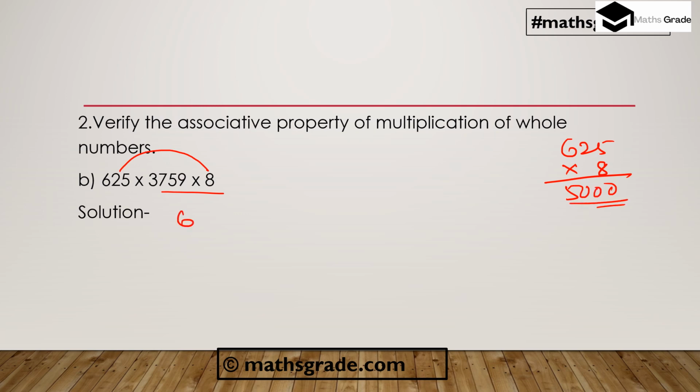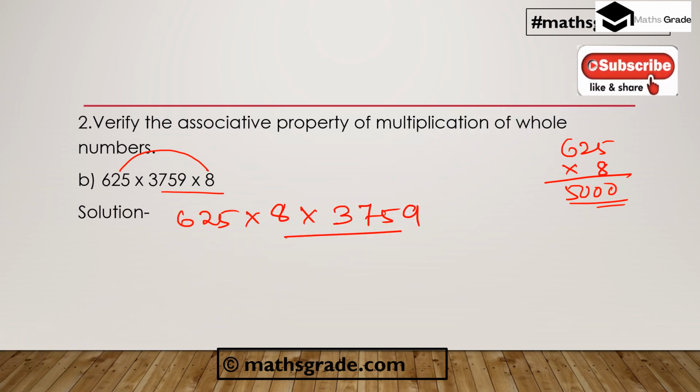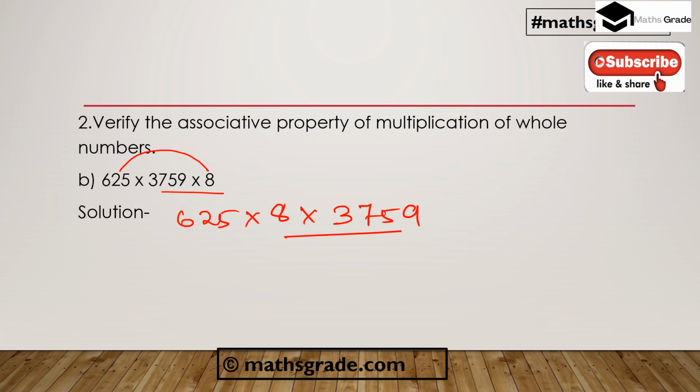Now we change the places of 3759 and 8. Now it becomes 8 multiplied with 3759, and this is the commutative property of multiplication of whole numbers. 3759 multiplied with 8 is 8 multiplied with 3759. This is the commutative property of multiplication of whole numbers.